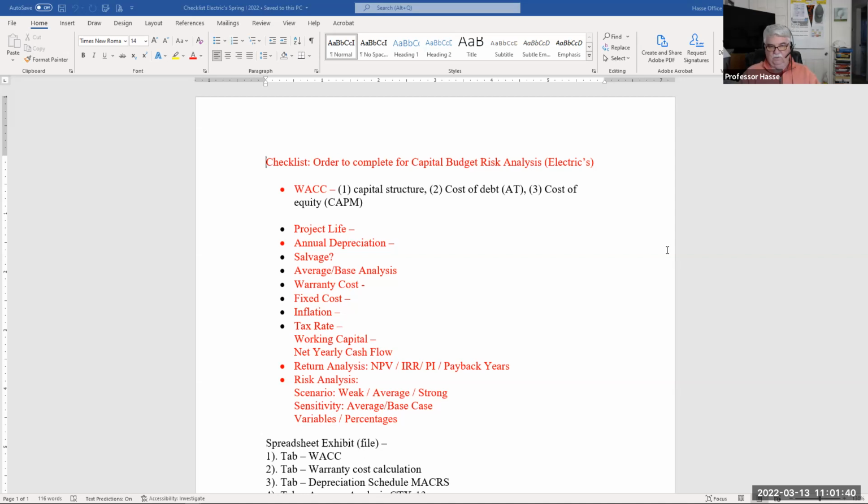But I want to go over a couple of issues with the checklist and make sure we understand the numbers that we're working with as we begin to put together our capital budget analysis. Next week in our review session on Saturday morning, I will go over the paper format and explain what I'll be looking for in answering those questions given in the case analysis as you interpret the analysis that you're doing in this paper.